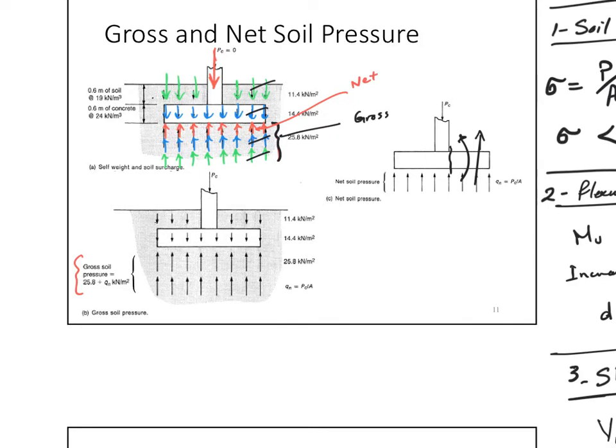So I have gross pressure, which is all the pressures together, accumulating all the loads on top of it, including the soil, including the live load on the ground or basement, and including the footing weight. And then if I just separate those, I take only the load coming from the column itself. This will be the red one. What is the red one? It is the column load that causes the net pressure. This is the extra load that I added, in fact, to cause this moment and this shear, right? So those guys come from the net.